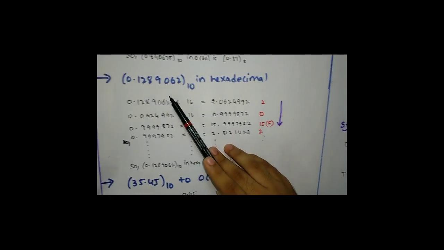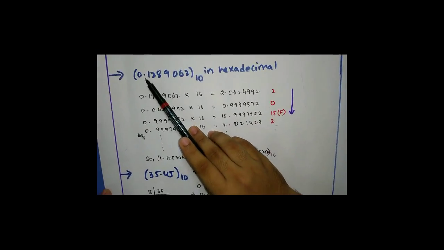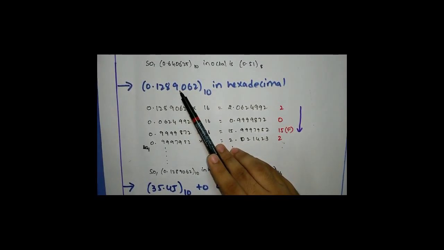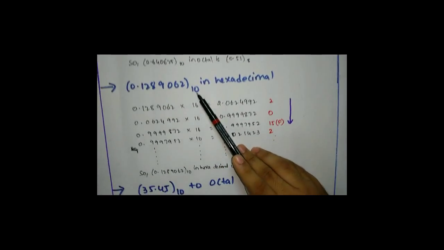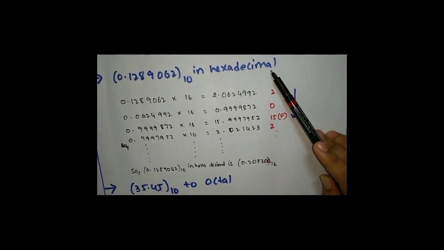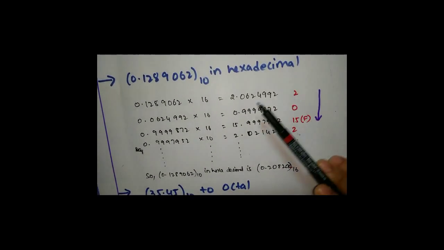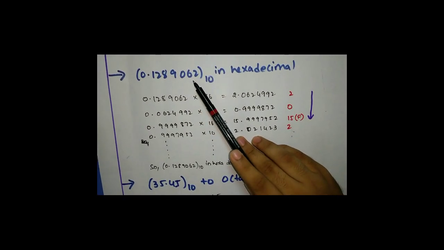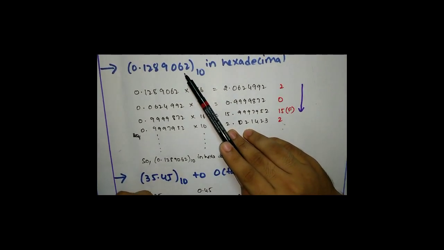Next we go through hexadecimal. 0.1289062, it is in decimal. To convert to hexadecimal, hexadecimal means to the base 16. So we have to multiply that decimal equivalent into 16.